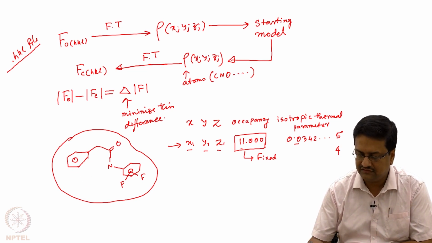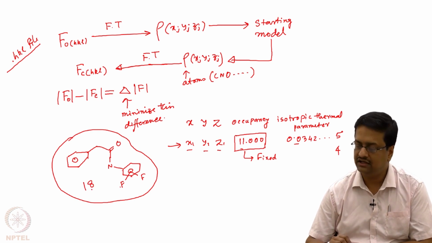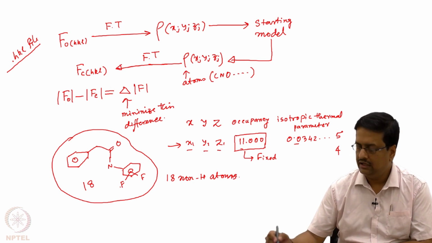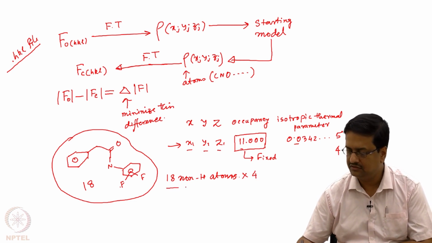So we have 6, 7, 8, 9, 10, 11, 12, 13, 14, 15, 16, 17, 18 such atoms. Remember, I am only counting non-hydrogen atoms. So we have 18 non-hydrogen atoms, and we have a total of 4 parameters to be defined at the moment.